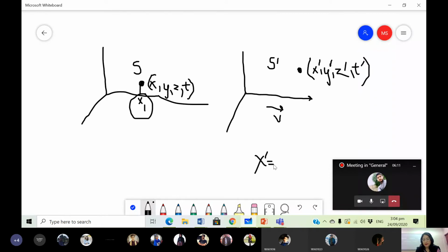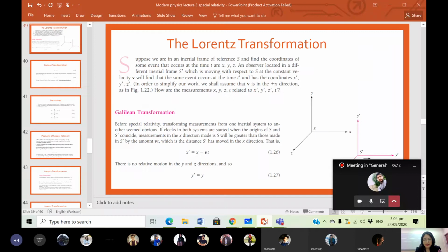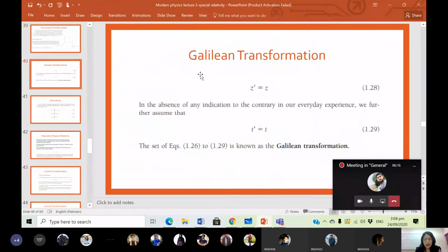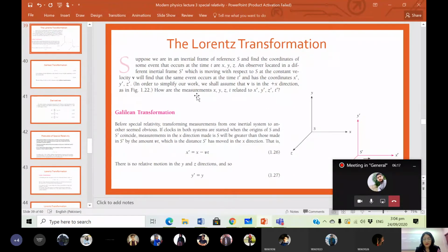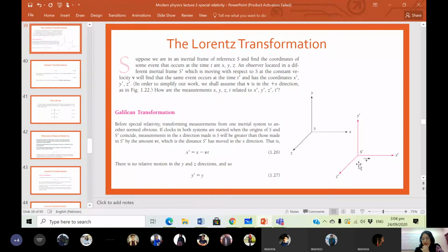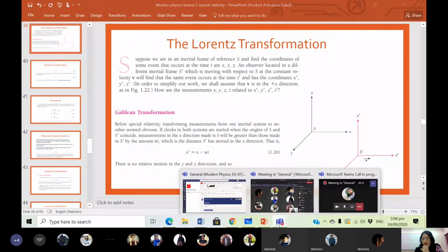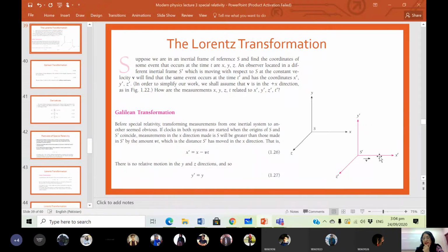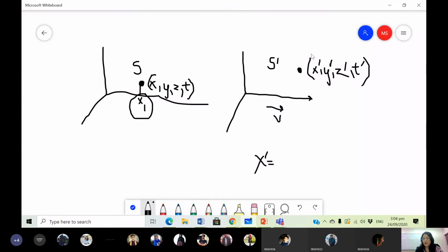x dash, wait a minute. Like if we have, for example, over here, this frame moving with velocity v. So what will be the relation between x and x dash? Basically this is moving towards the right with the velocity v. So in a time t, if we have all these coordinates, that means it's moving as well.